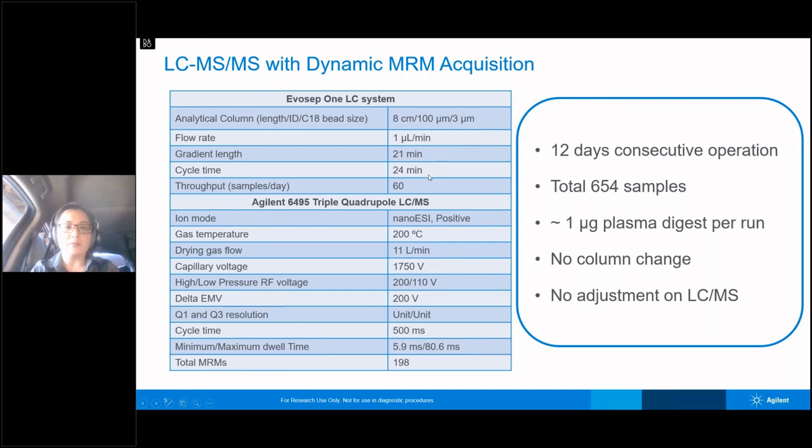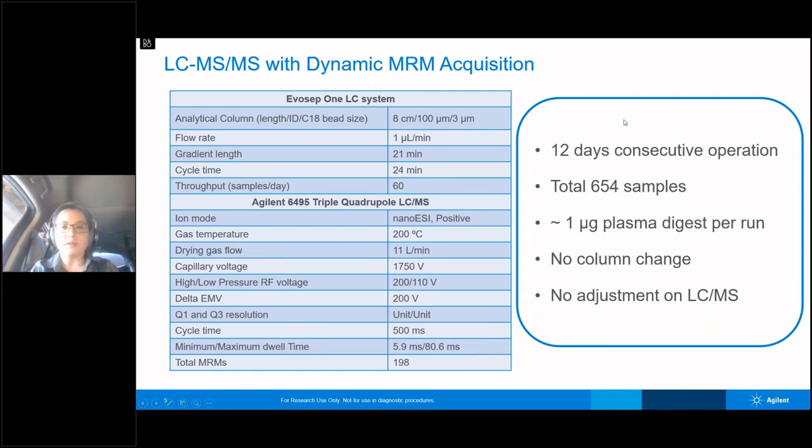We use an LC method that allows us to run 60 samples per day. In this dynamic MRM method, there is a total of 198 transitions, which map to 33 pairs of heavy and light peptides, giving us 3 transitions per peptide.